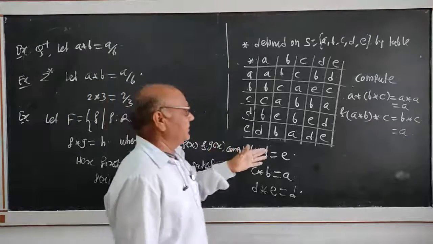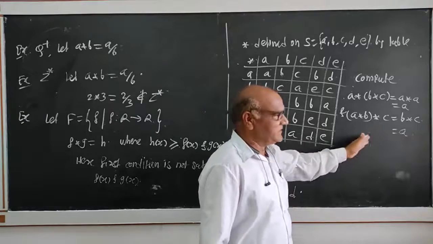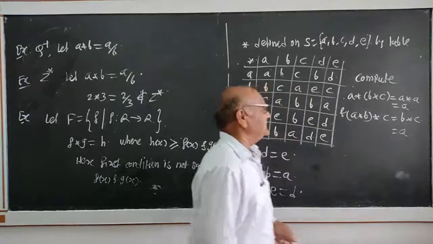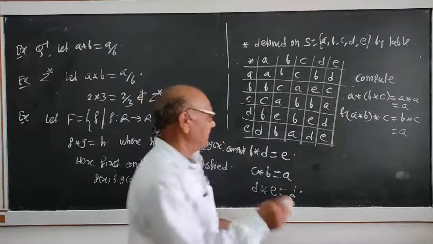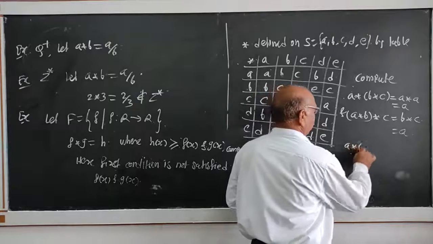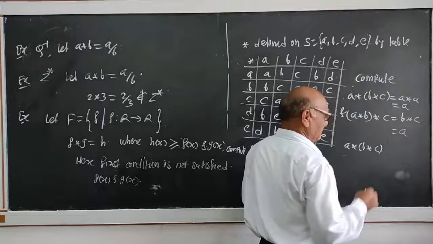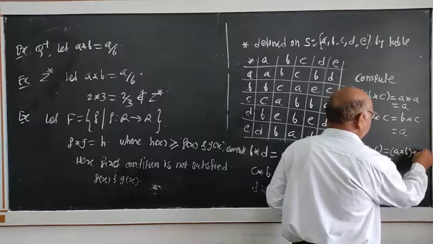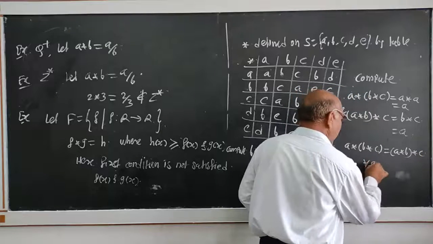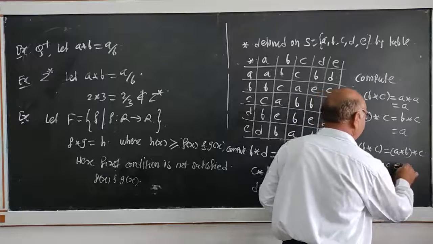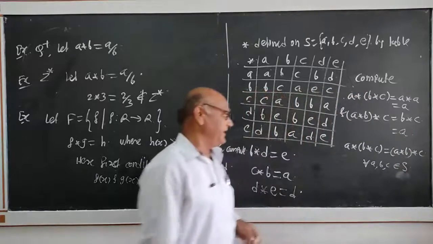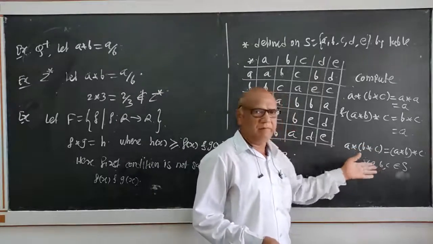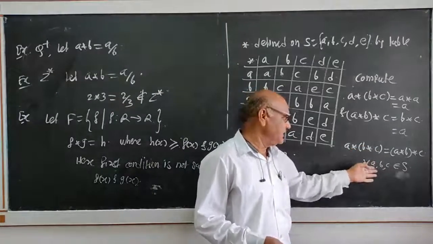Here we cannot say from this calculation that star is an associative operation, because the condition A star (B star C) equals (A star B) star C must hold for all A, B, C belonging to S. That means this condition is satisfied for all triples.